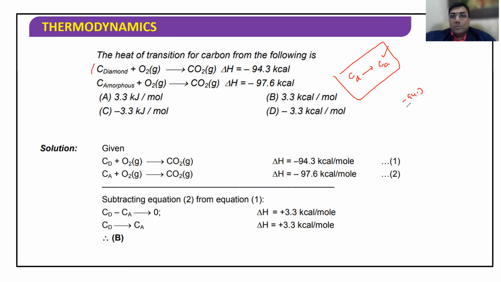So what you have to do is subtract. So 97.6 will come on the right side, and you subtract this. Clear or not? So you get 3.3 kilocalories. Hope you are clear. This is a previous mains question. Easy question, actually.